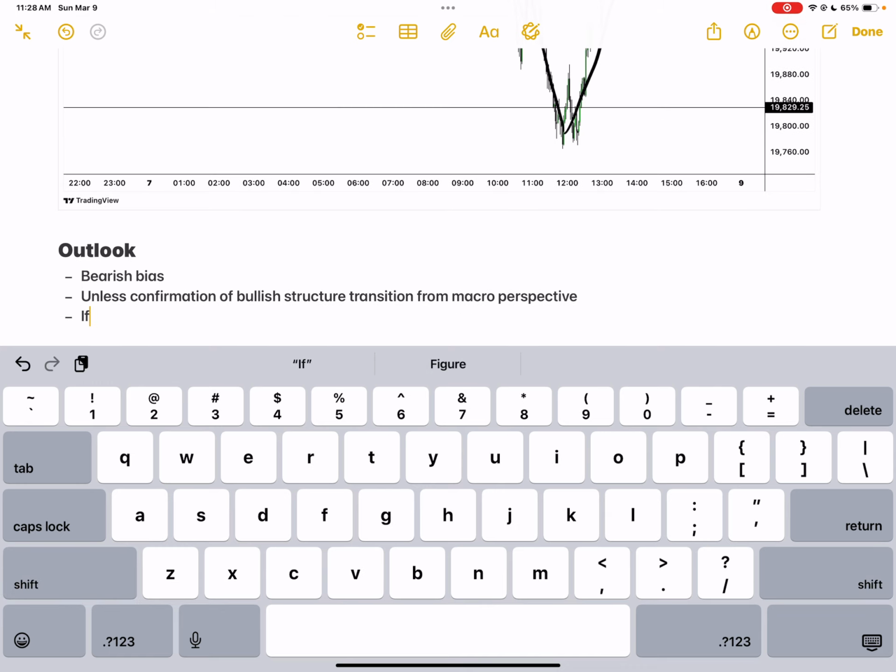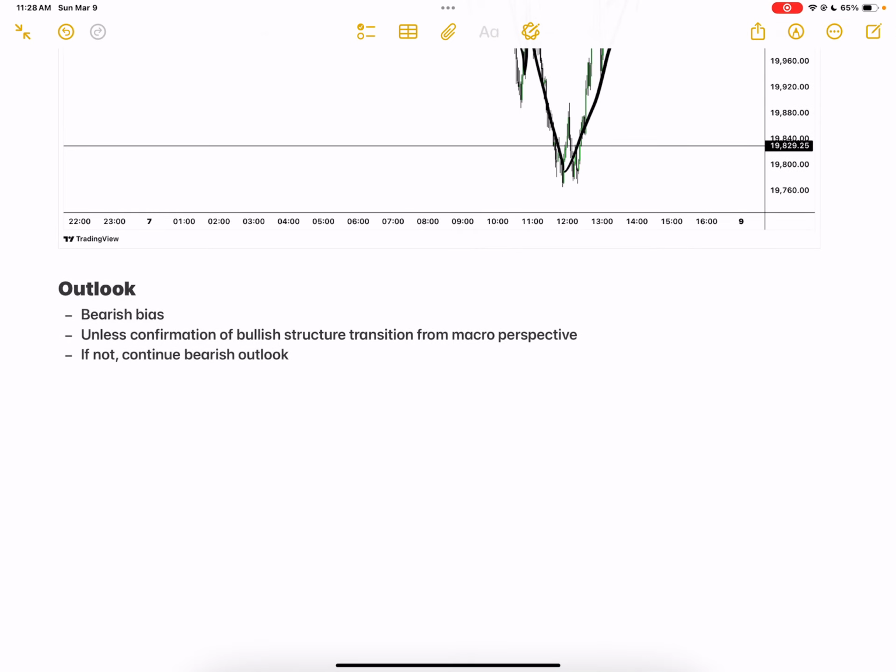If not, continue bearish outlook. And that's it. That's that simple. No need to overcomplicate it.